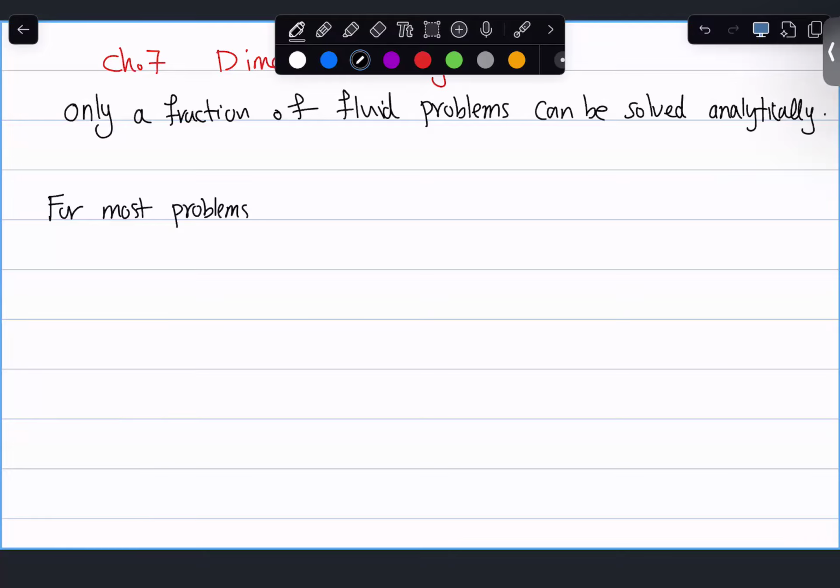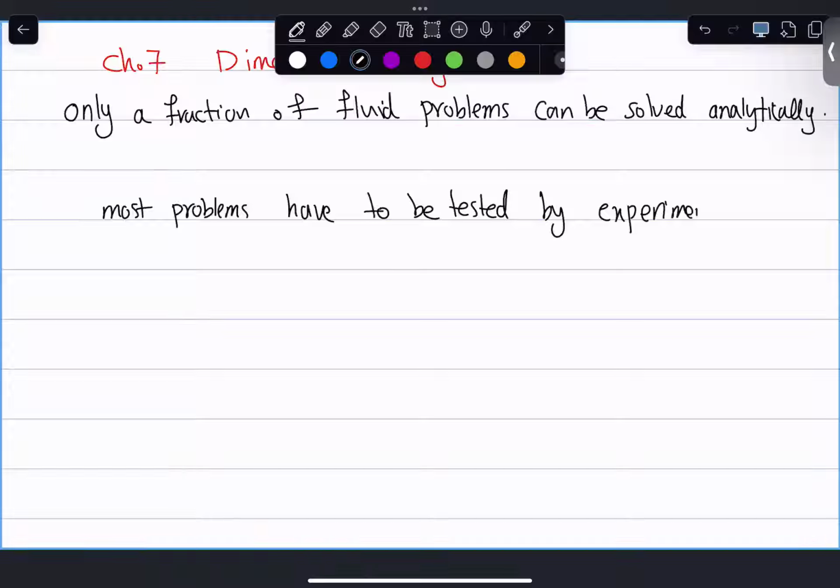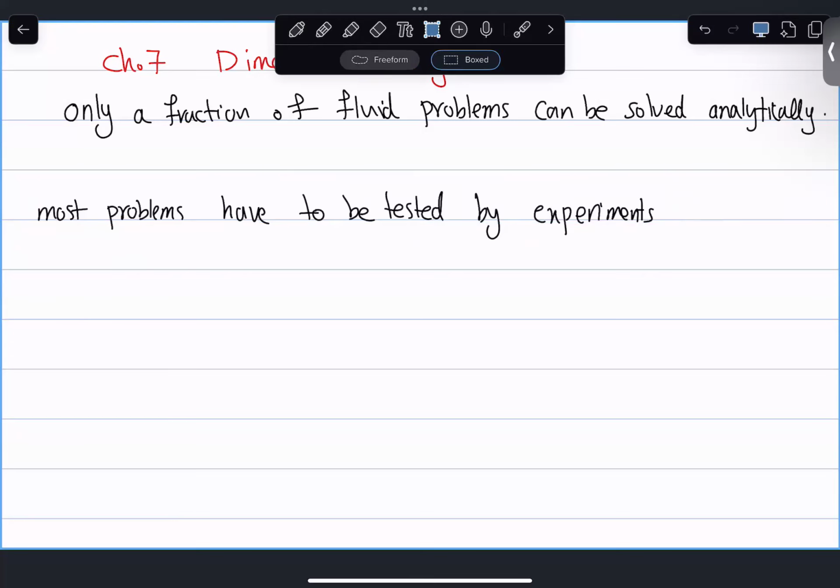So most problems have to be tested by experiments or CFD.